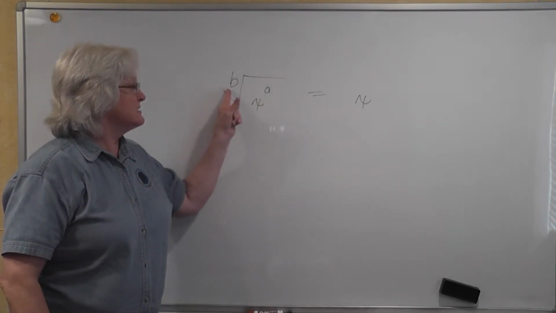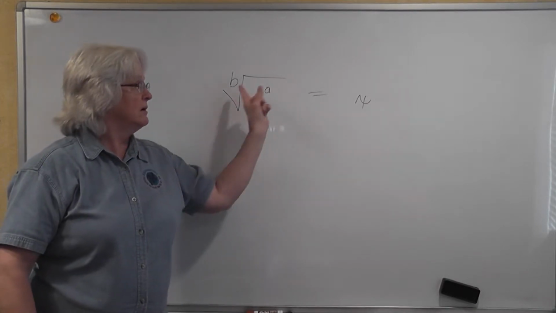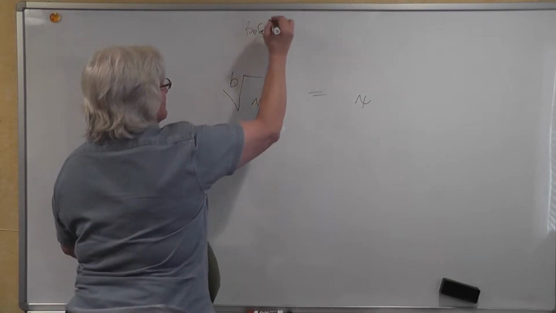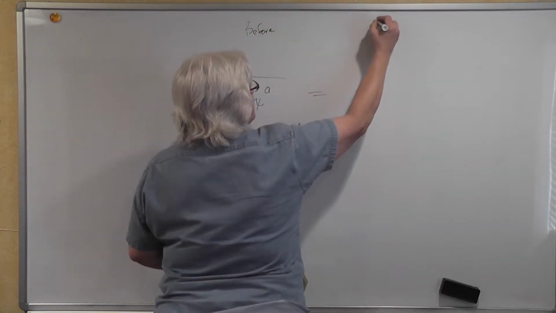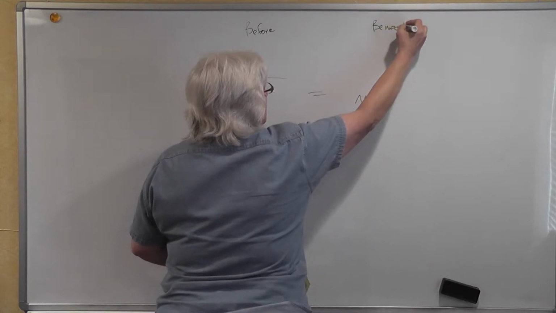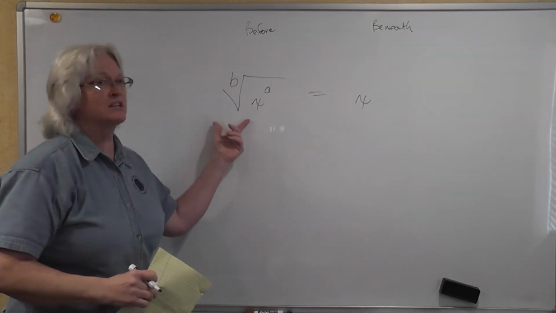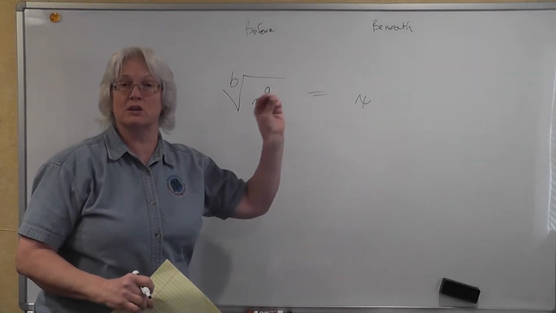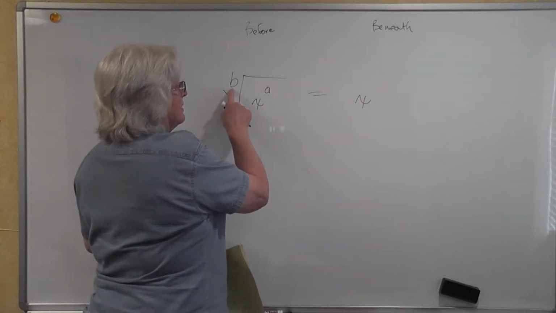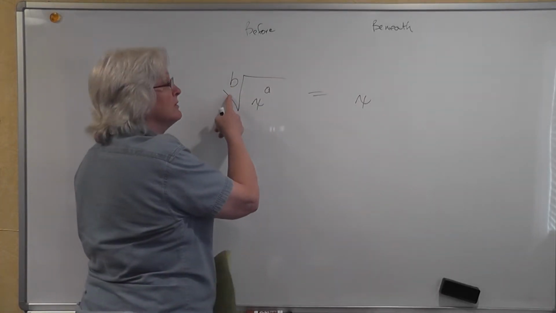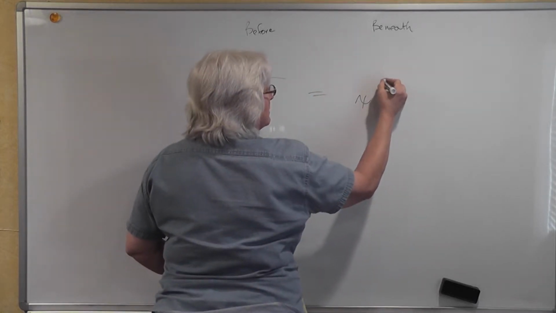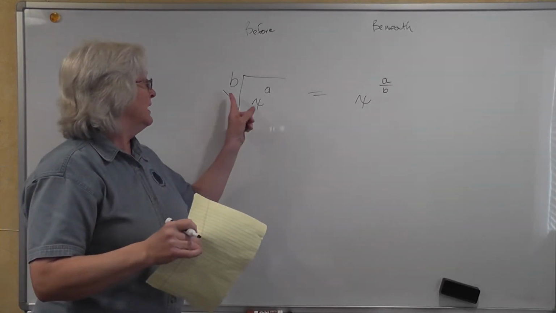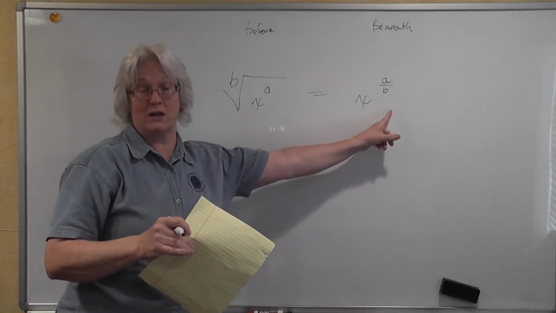The index is before the radical, and it's beneath in the exponent. The b is before the radical, it's beneath in the exponent. So that's how your index and exponent translate here.